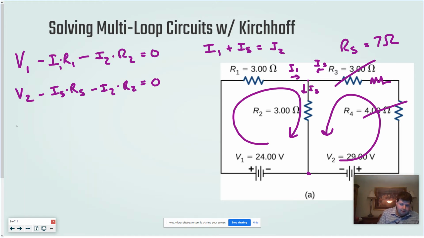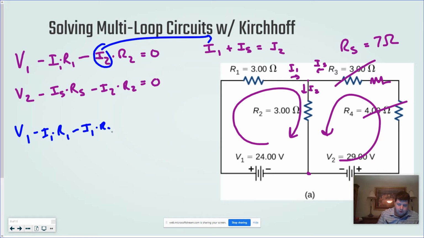I'm going to say that V1 minus I1 R1, and then replacing I2 with I1 plus I5, I get minus I1 R2 minus I5 R2 equals 0. And then for the next one, V2 minus I5 R5 minus I1 R2 minus I5 R2 equals 0.